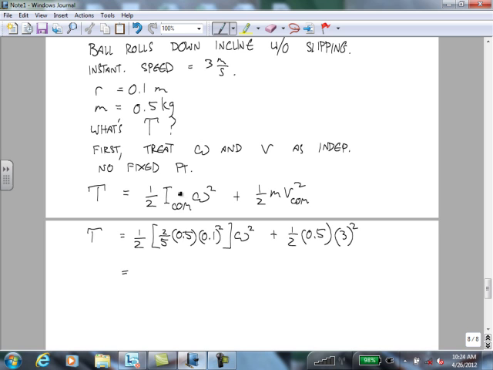So it looks like this whole thing, if you multiply all this out, gives you 0.001, I think, omega squared plus what do we have here? 0.25.